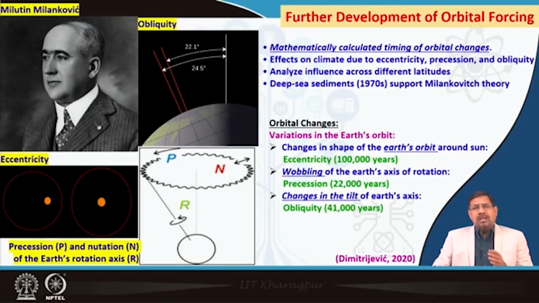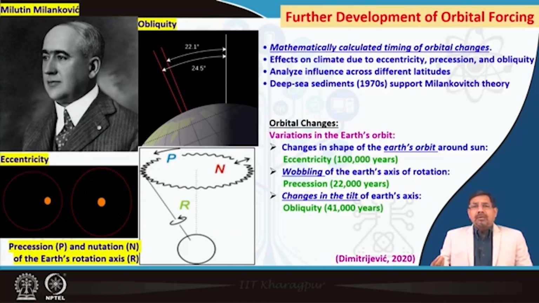As you can see in the lower left figure, the Sun and the red colored orbit, which varies, it does not take a constant orbit. This variation is explained in terms of eccentricity, which takes an epoch of 1 lakh years and a broader epoch of 4 lakh years.